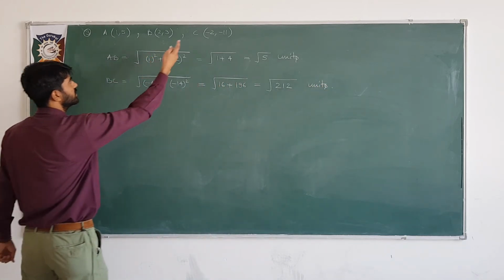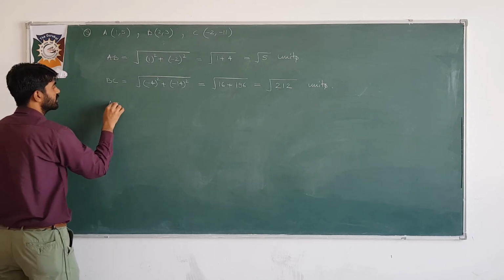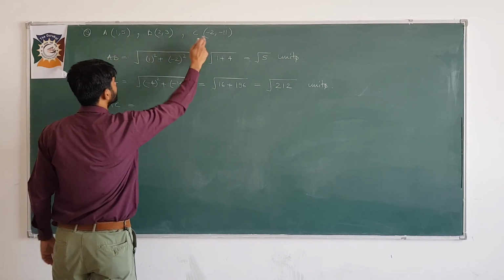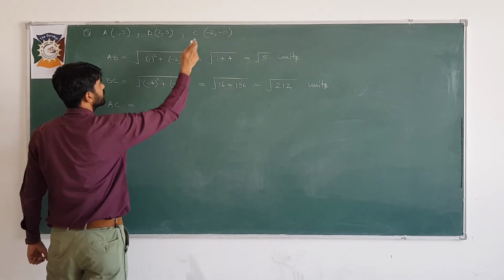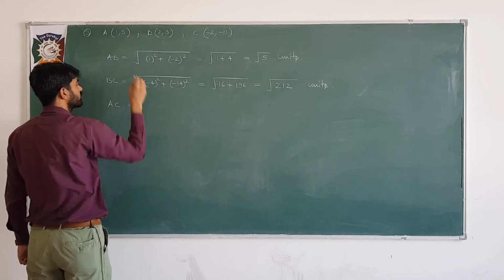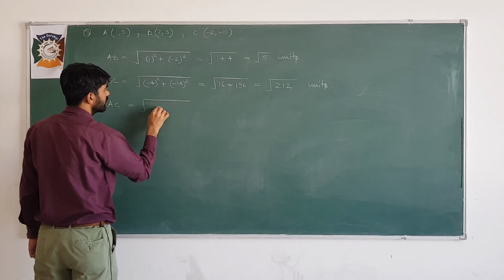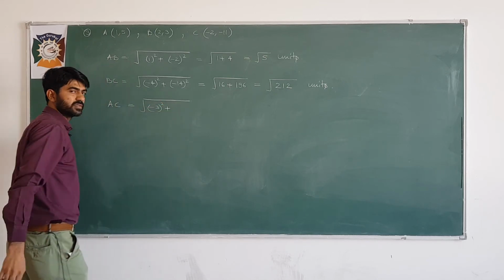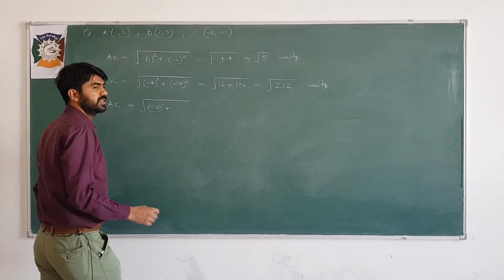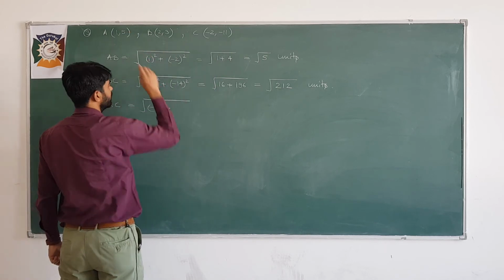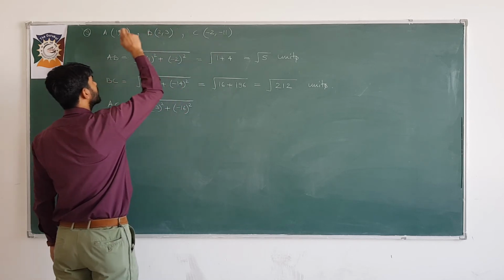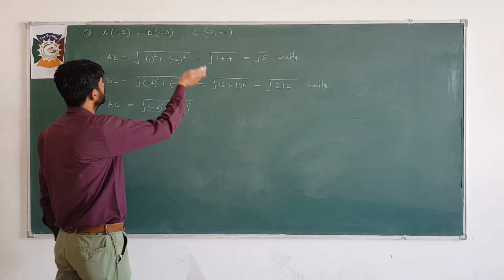Now I will find CA or AC, distance between A and C. So for that, minus 2 minus 1, so it will become minus 3 squared plus minus 11 minus 5, so it will become minus 16 squared, x2 minus x1 and y2 minus y1.